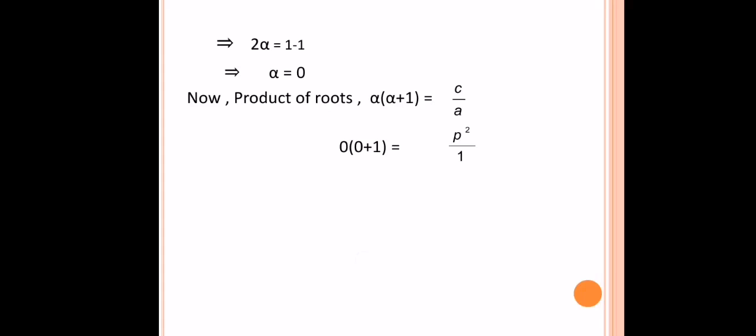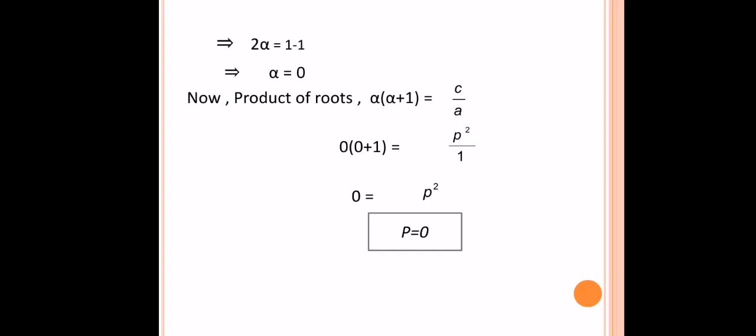Now it will be 0 is equal to p², or we can take it as p is equal to 0. So p is equal to 0 is the resultant value which we wanted to find out.